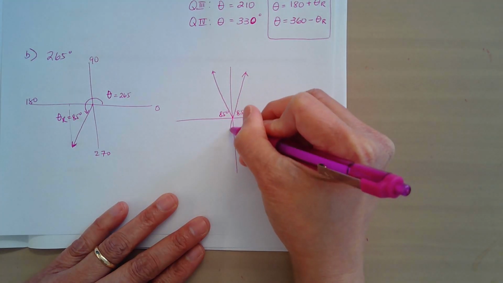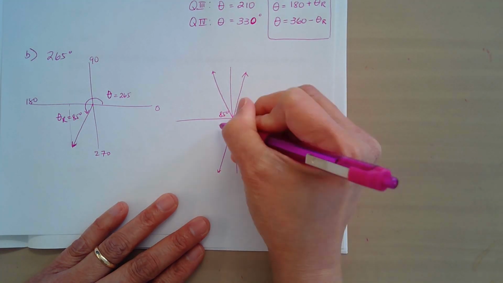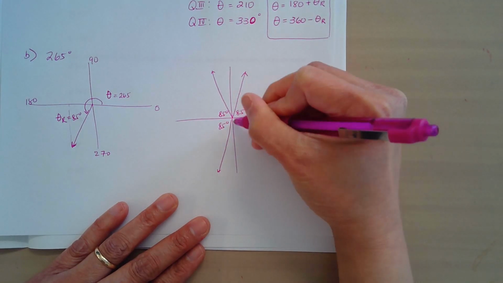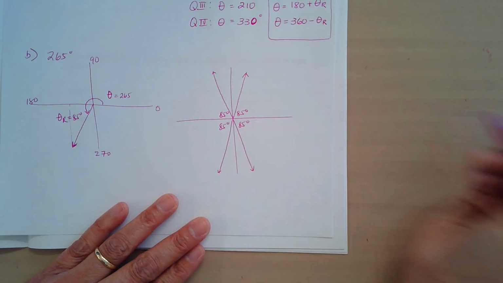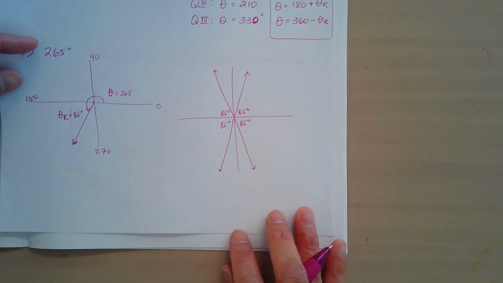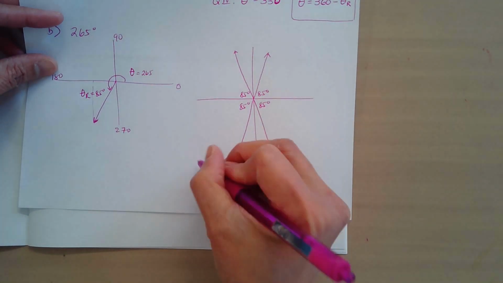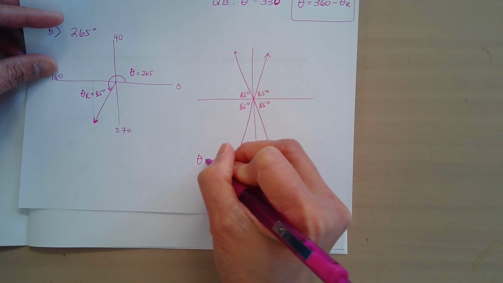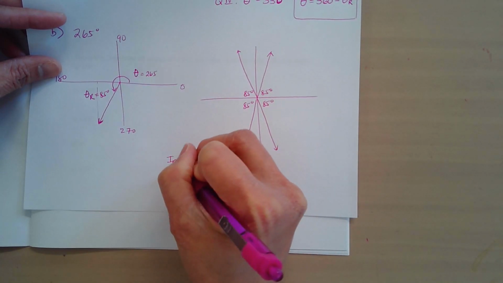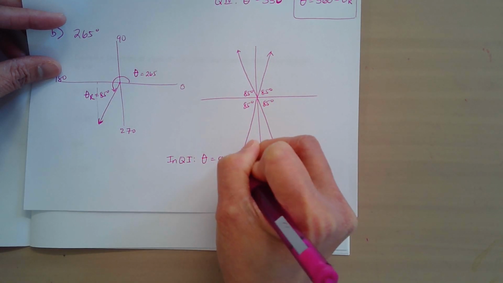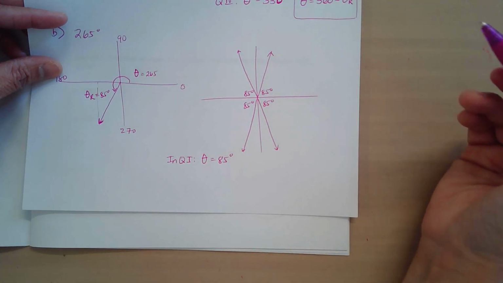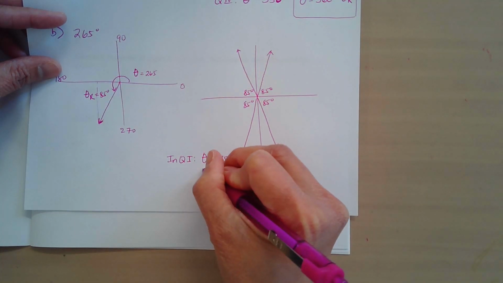Quadrant 2. So what's the theta in quadrant 1? That one is 85, right? Because theta r and theta are equal in quadrant 1.